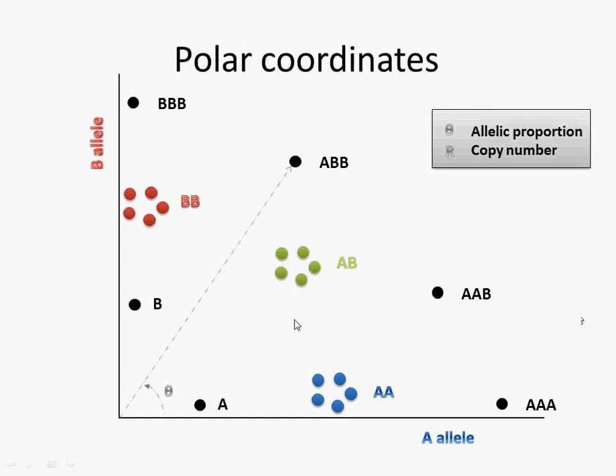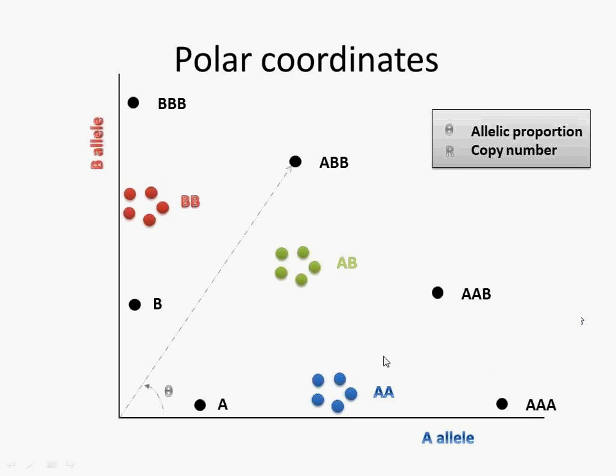If we try to model the position of these clusters in polar coordinates, we can take 2 views. Because all these are in normalized B allele versus A allele signal, all these clusters which have 2 copies are on a circle, and here the same way, and here for 3 copies the same way.